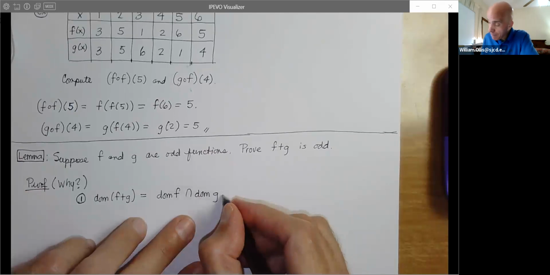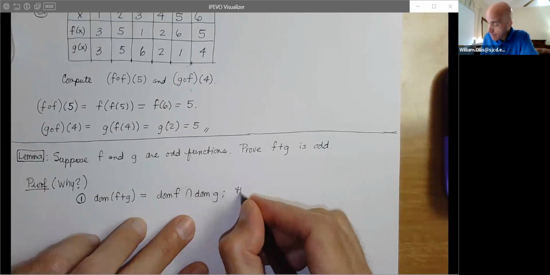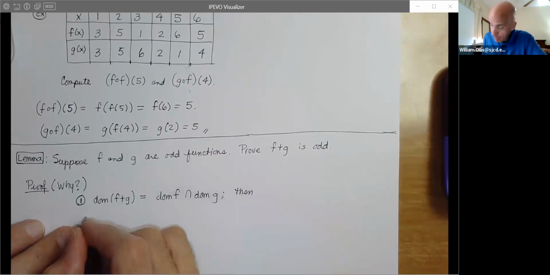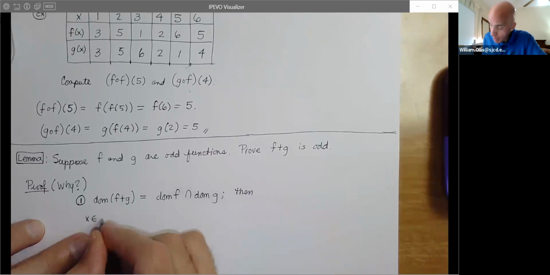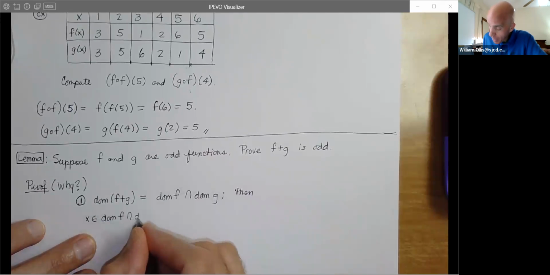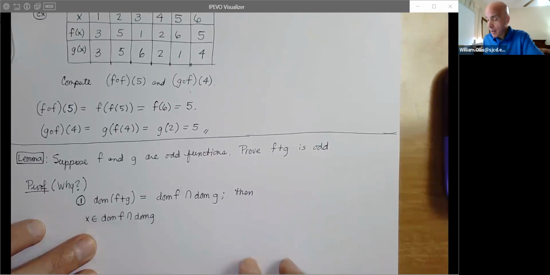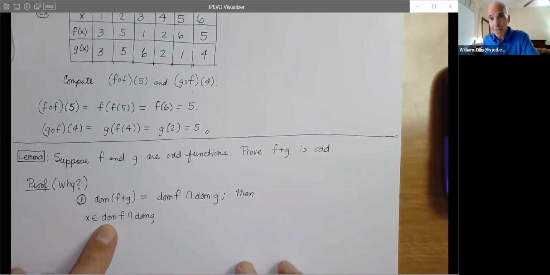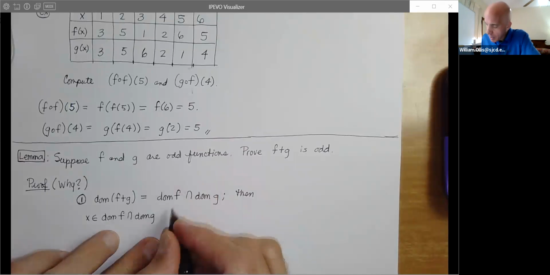So we'll say, then, if x is an element of the domain of f intersect the domain of g, then the negative must be in there, and the negative must be in there because they're both odd.